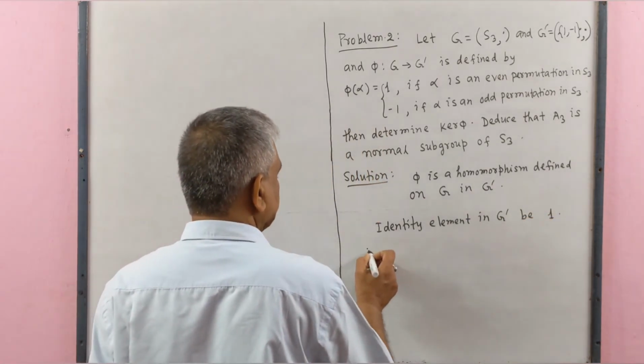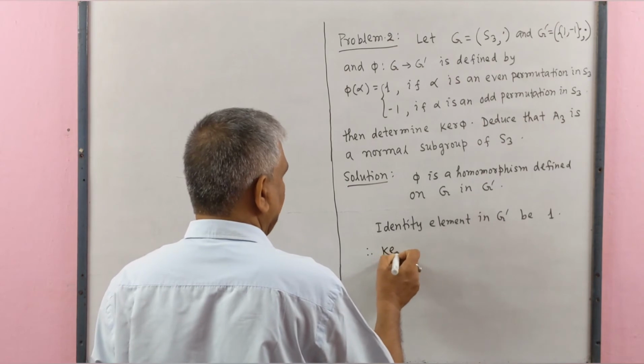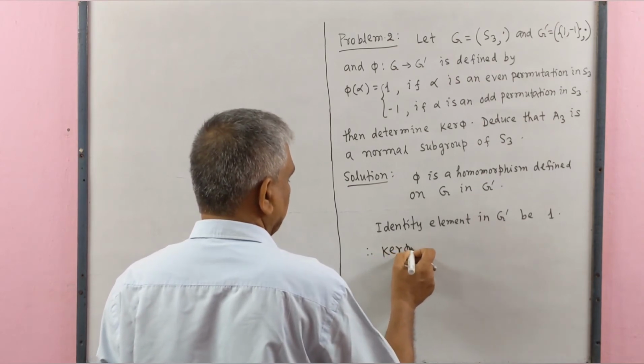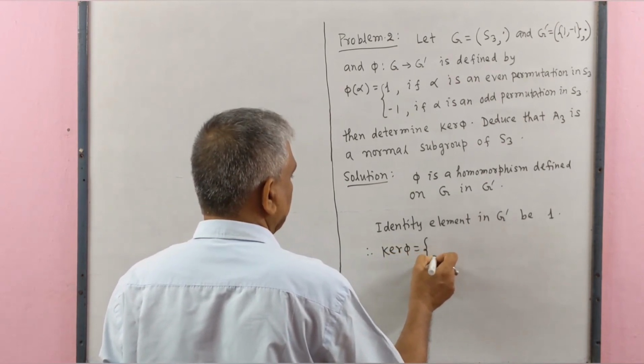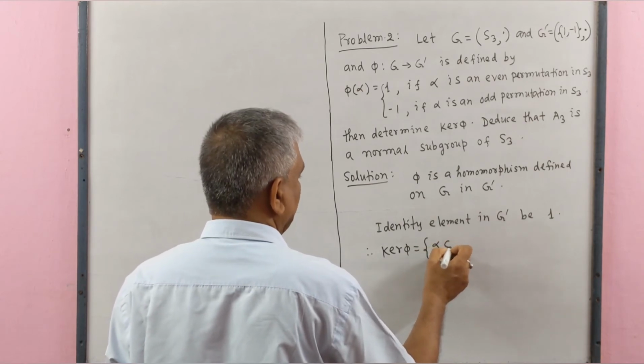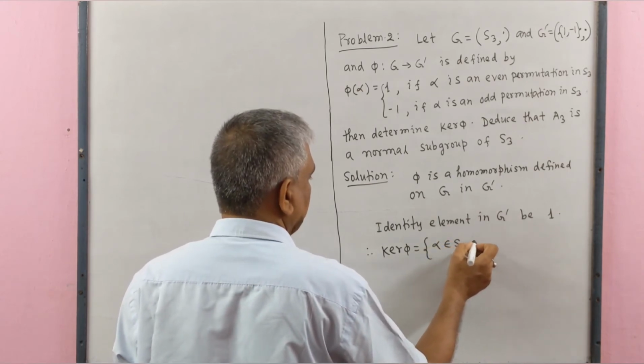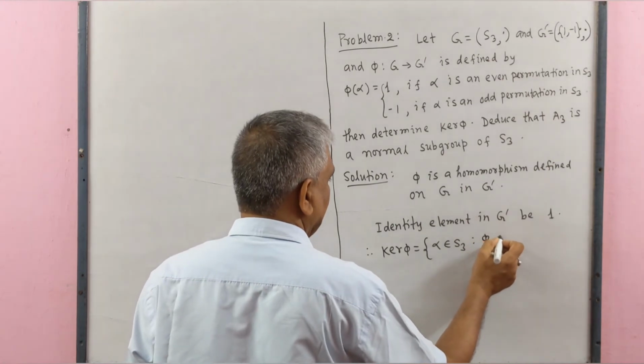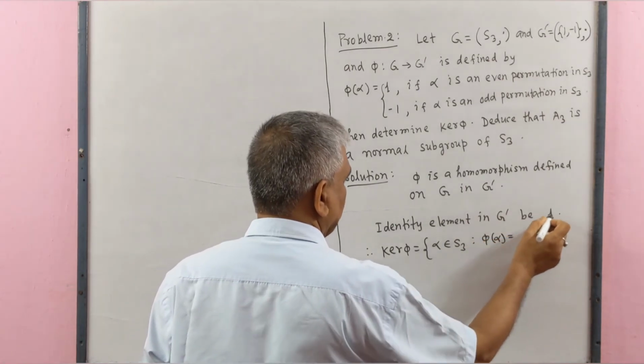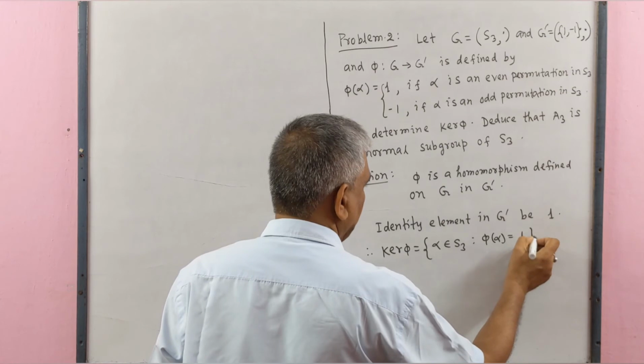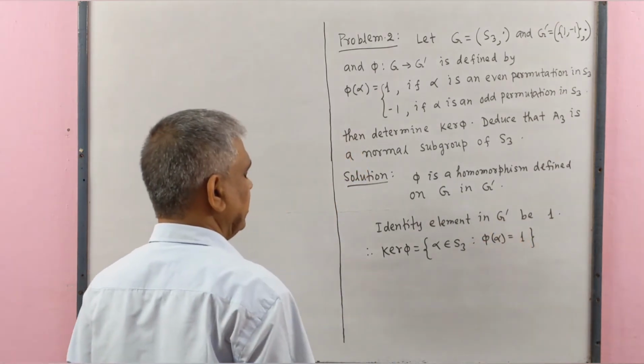Therefore ker phi equals the set of alpha belonging to S3 such that phi alpha equals the identity element 1 of G prime.